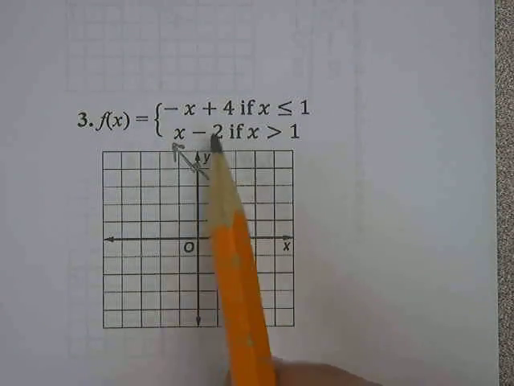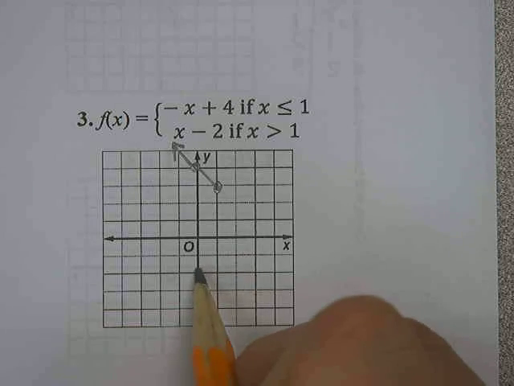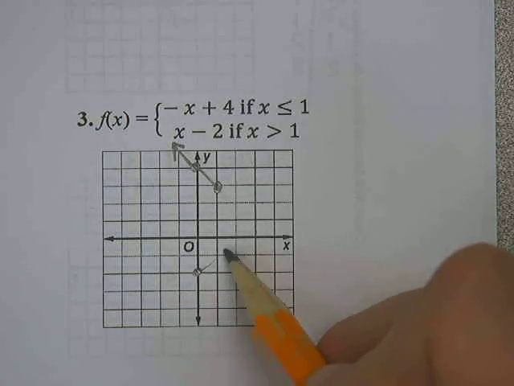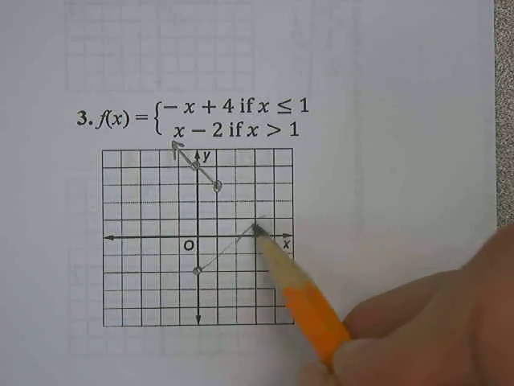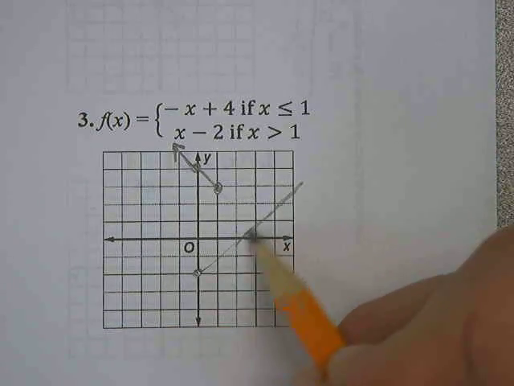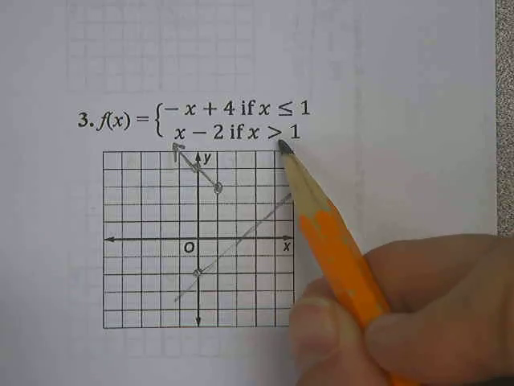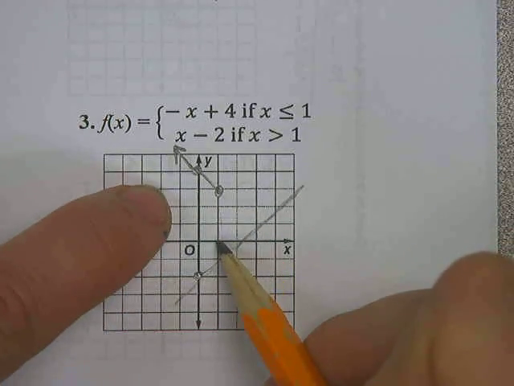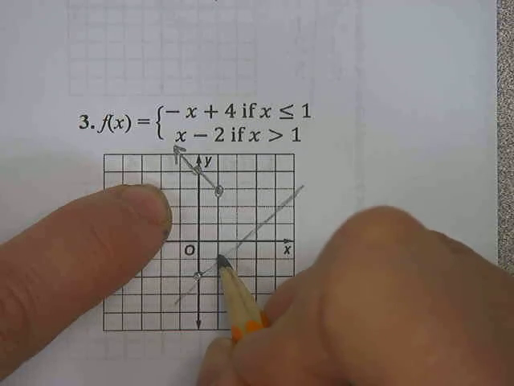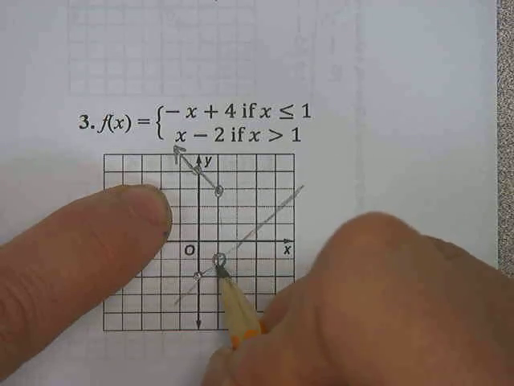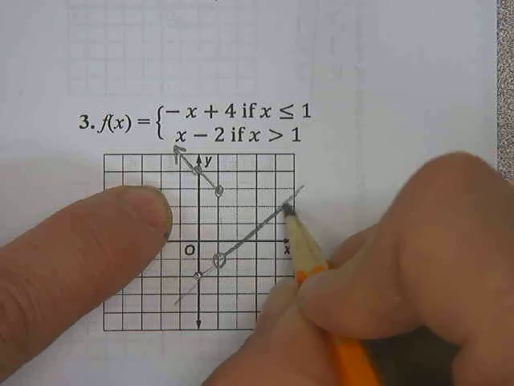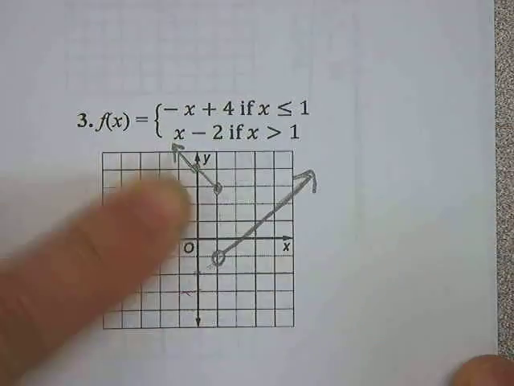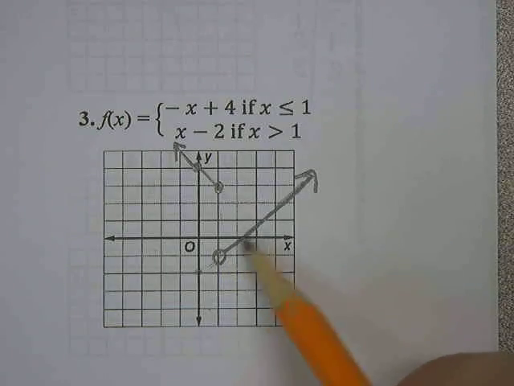The other one is x minus 2, so this hits the y-intercept at negative 2, has a slope of 1. So we're looking at this graph. But this graph is the solution only when x is greater than 1. So down here, right when x is 1, we just want as soon as we get greater than 1, so we put an open circle, and it's everything to the right.